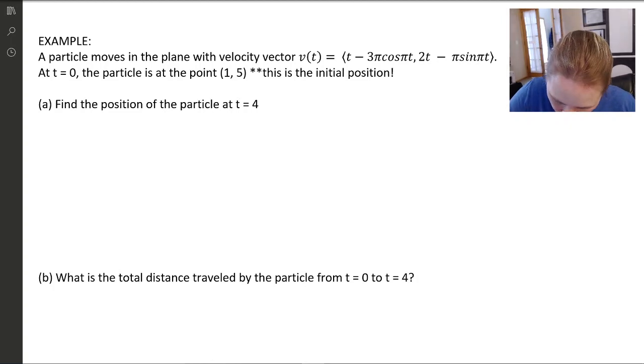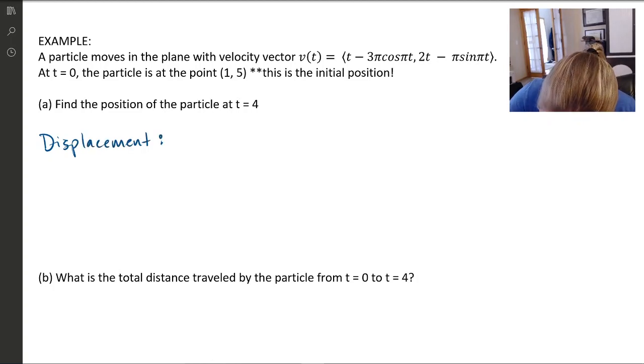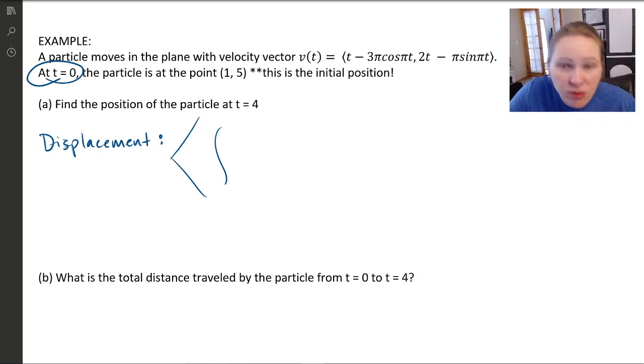So what I'm going to do is find my position, my amount of change, my displacement. When I show my work, I want to show it as the two integrals. The displacement from the starting time, t equals 0, to the time I want to know about, 0 to 4, I'm simply going to integrate the x coordinate function.